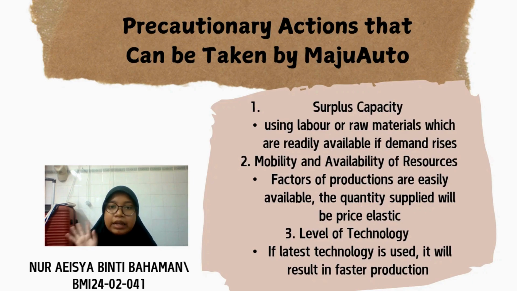The second action is increasing the mobility and availability of resources, where if the factors of production are easily available, the quantity supplied will be price elastic. And last but not least, improving the level of technology, since if the latest technology is used, it will result in faster production.